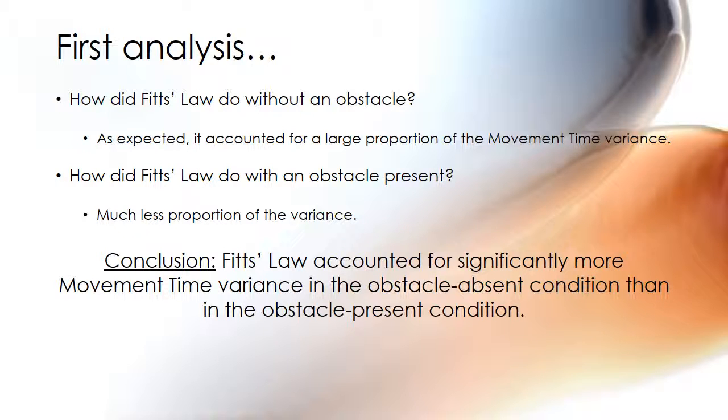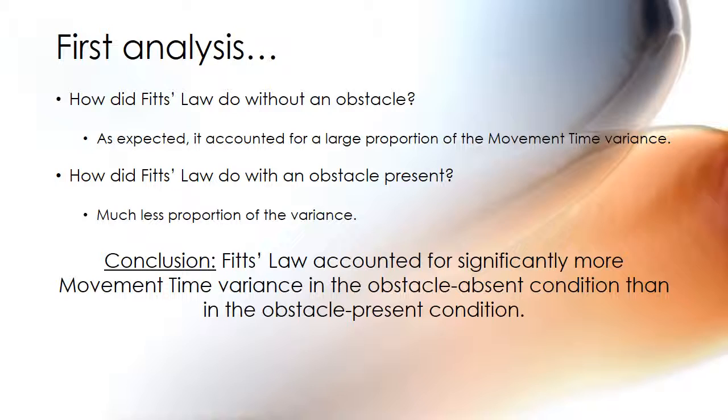So the first analysis that they did asked a couple questions. The first question was, how did Fitts's law do without an obstacle? And as they expected, Fitts's law acted as it should, and it accounted for a large proportion of the movement time variance. So that wasn't anything out of the ordinary.